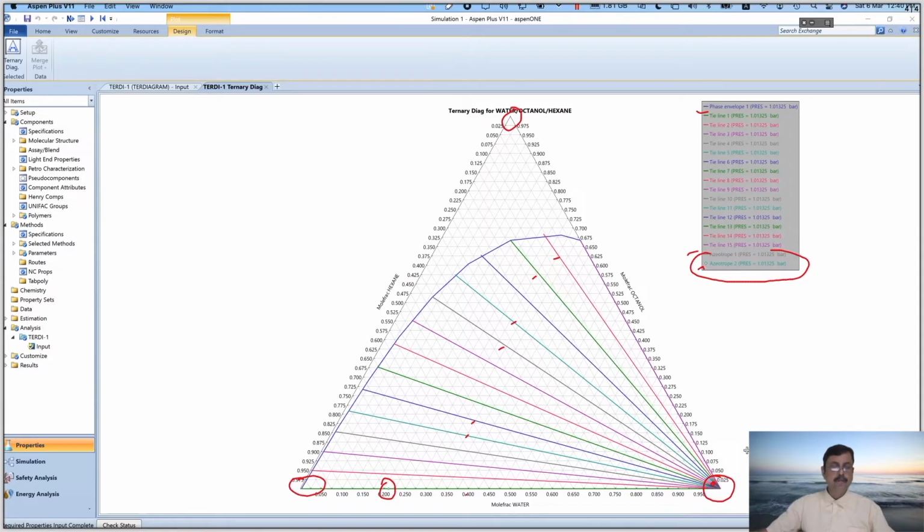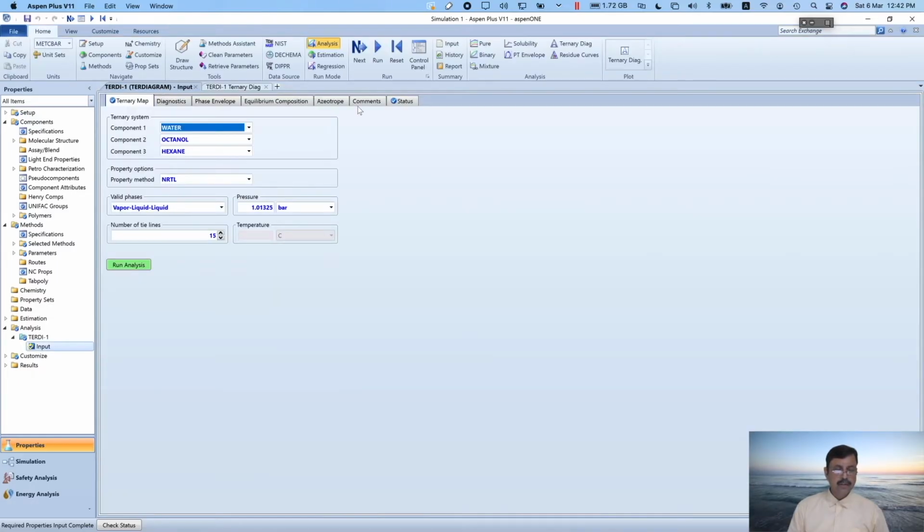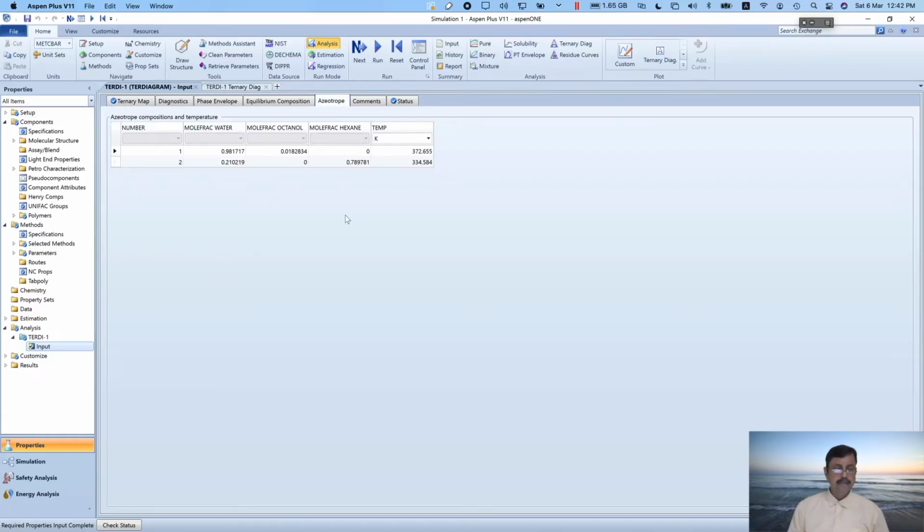Now, if you want to know the mole fraction of components at that azeotrope, you can just go to this azeotrope condition and you will find over here that both the azeotropes are binary, because in both of them the third component has 0 mole fraction.